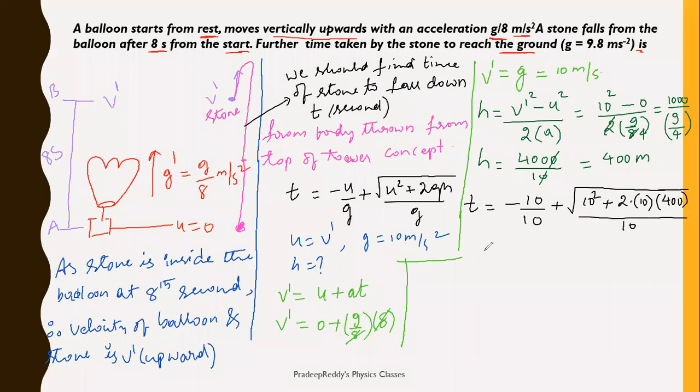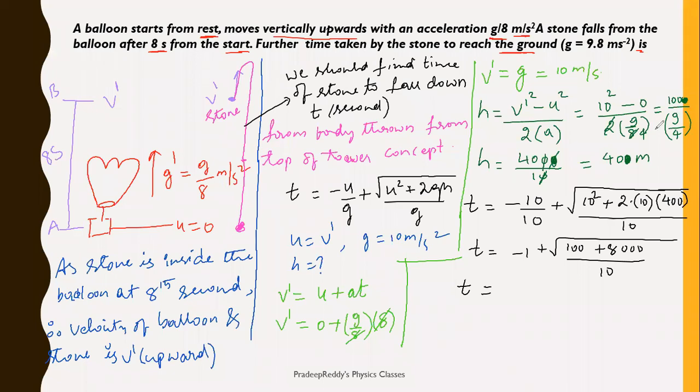This value you should evaluate. It is minus 1 plus under root 10 square is 100 plus 2 4s 8, 1 2 3 divided by 10. Numerically evaluate this value so that you will get the time taken by the stone to reach the ground.